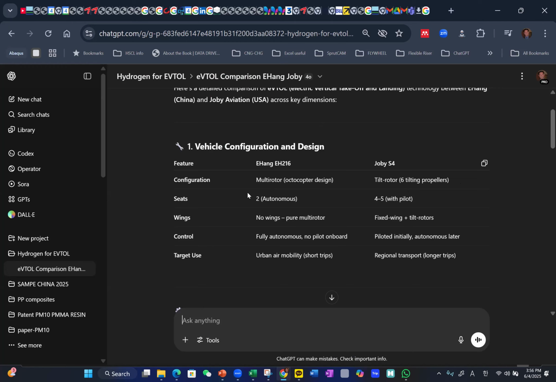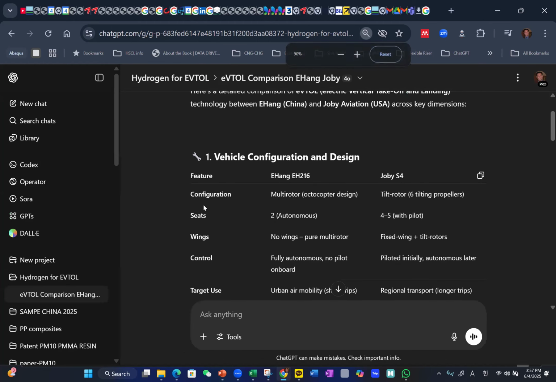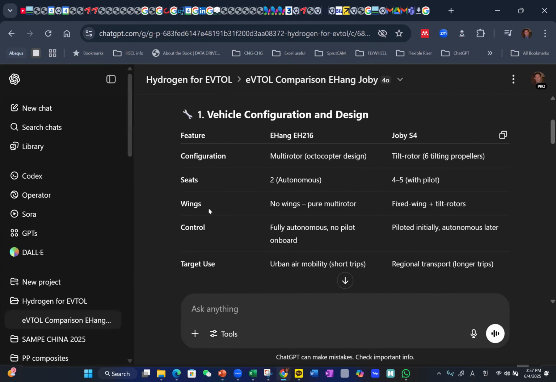This is an important comparison. And seats, how many passengers? EHang seats just two persons, pilot and passenger, so 2 seats. And Joby, 4 to 5 with the pilot, so I would say 4 passengers.